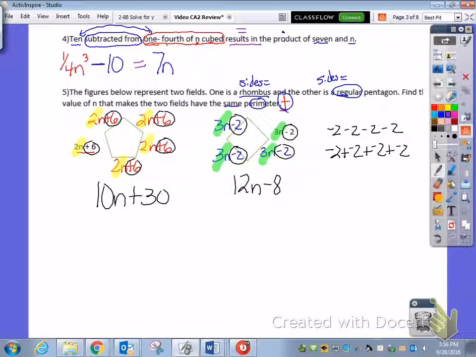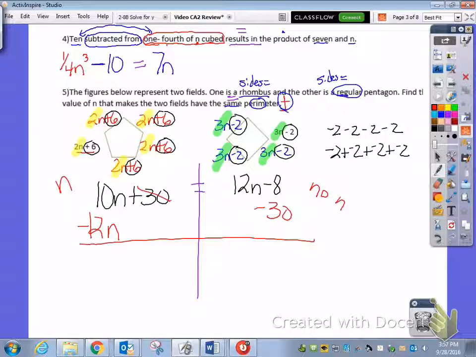I want them to be the same. That means equal. So I put an equal in between and then draw your line. I want n's on the left, no n's on the right. Okay? So 30 needs to move. And 12n needs to move. So it becomes a negative 12n. Okay. So now you've got 10 minus 12.